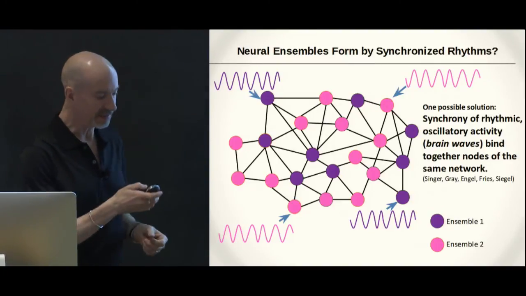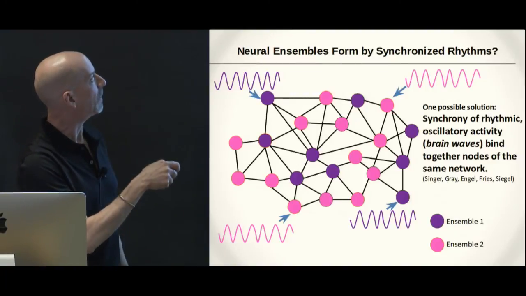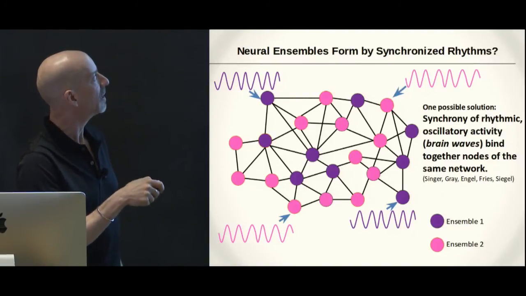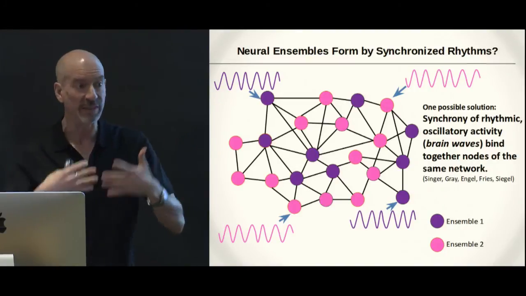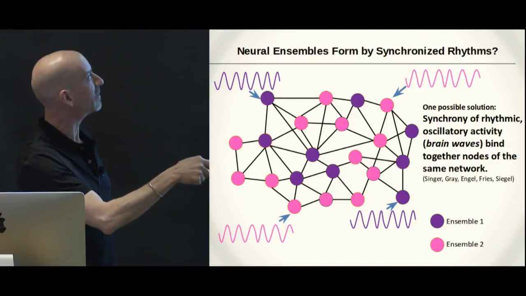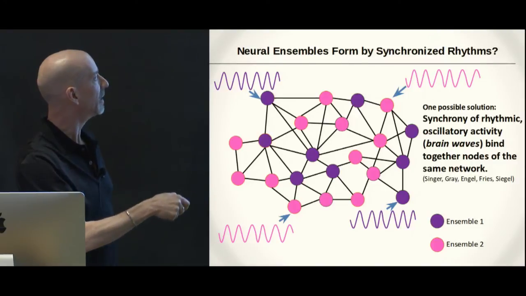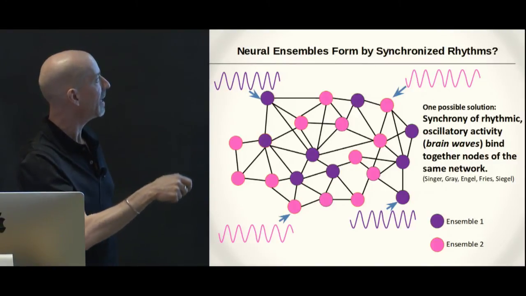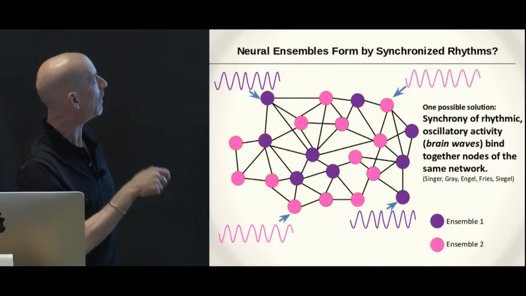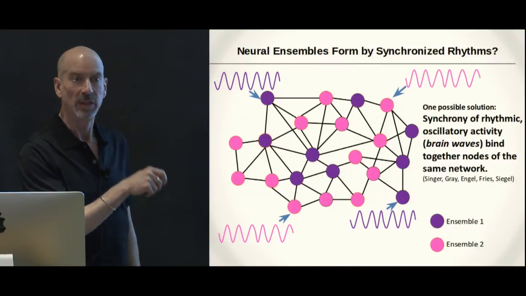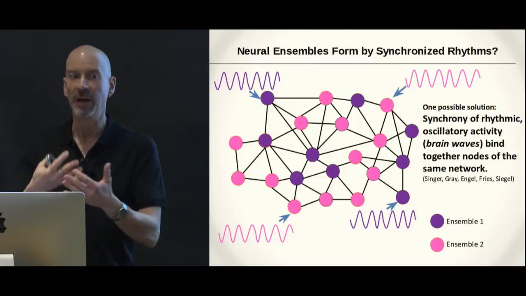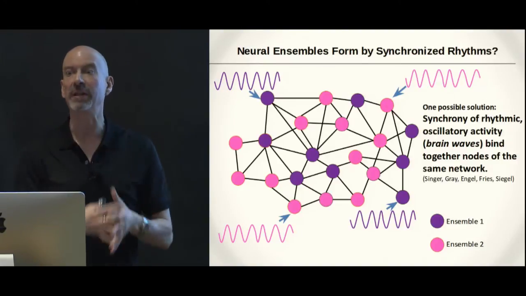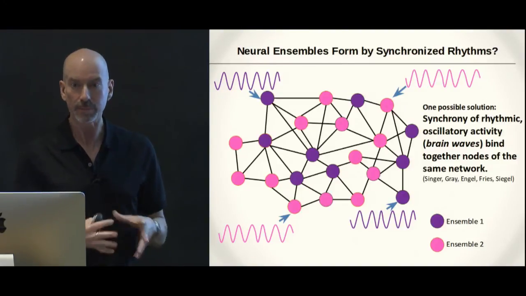So the idea is that if you have neurons that participate in two different ensembles, then the way you have one ensemble forming one thought is that the neurons in the same ensemble synchronize their oscillations, and neurons participating in a different ensemble synchronize their oscillations. So by virtue of different patterns of synchrony, you can have two different ensembles, even though they share many of the same anatomical connections. So that's the idea.